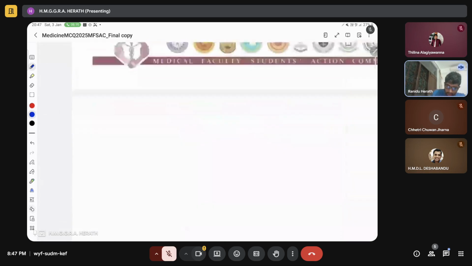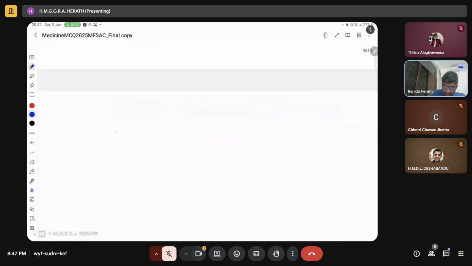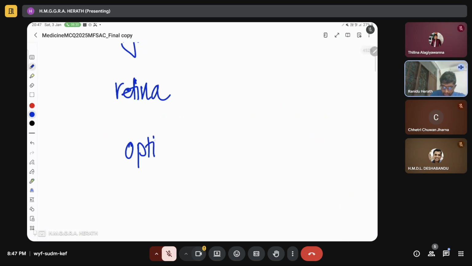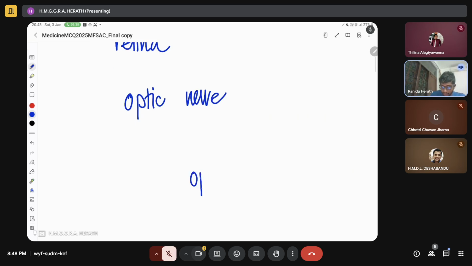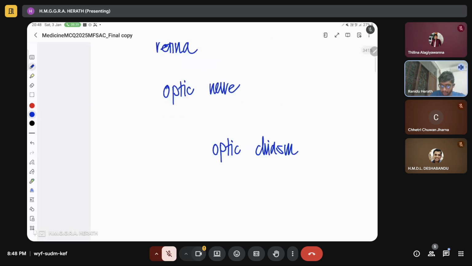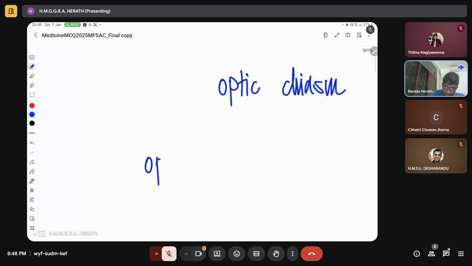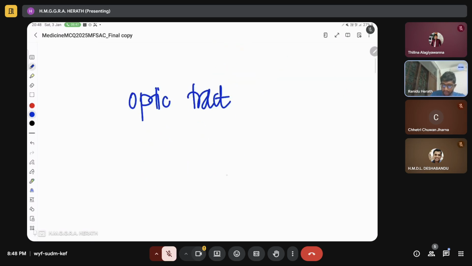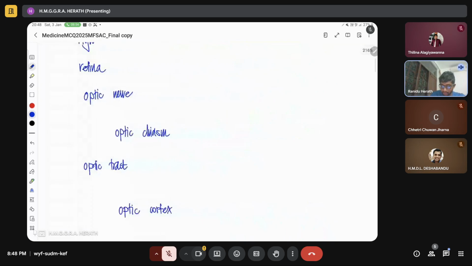So you guys know the optic pathway where light enters the eye, and this light is bounced off into the retina, and the nerve signals are then taken along the optic nerve, and this optic nerve goes to the optic chiasm, and then there is a decussation at the optic chiasm, and then after that it becomes the optic tract inside the brain, and the optic tract then goes into the visual cortex in the occipital lobe, right?